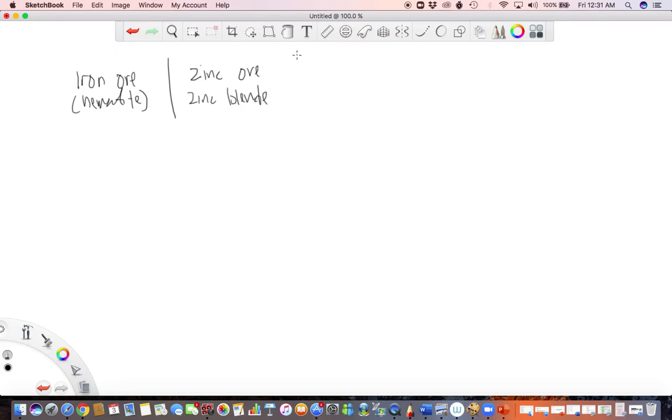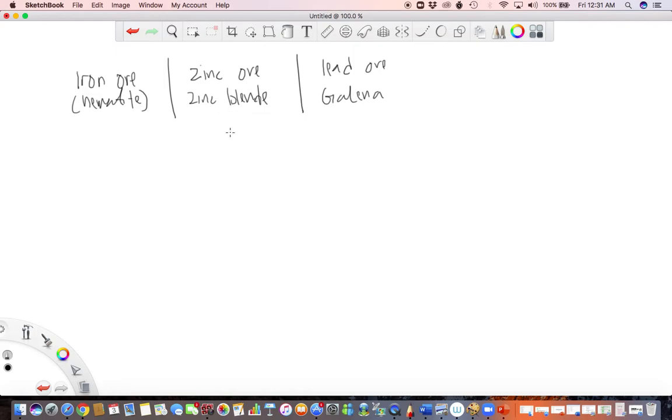And then there's one more, which is lead, which has got a sweeter name, galena. So it's good to know lead ore. You might not be able to find it in this part of the textbook yet, but it's not that difficult. Essentially, the extraction is exactly the same, with one minor difference.